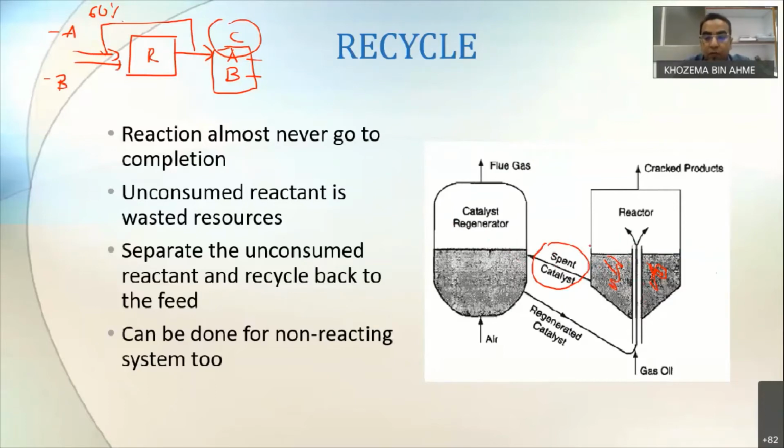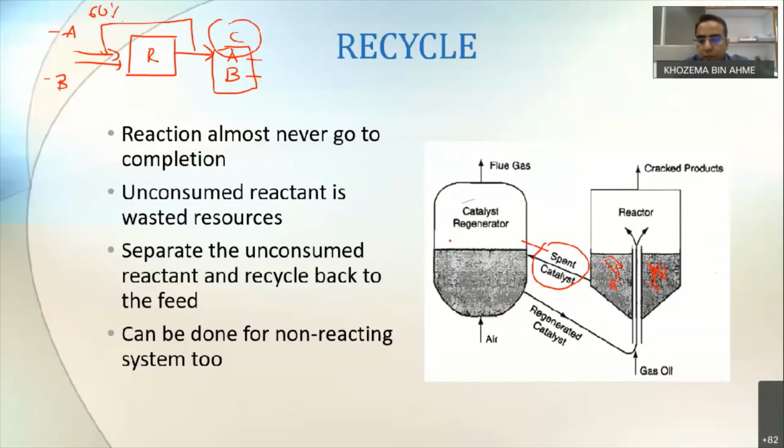We are not throwing away the catalyst, because catalyst is expensive. If we can regenerate and reactivate the catalyst, we send the spent catalyst to the catalytic regenerator, where it will be regenerated usually by heat or pressure, depending on the type of catalyst that you have. The regenerated catalyst is then put back into your reactor to help with the reaction.